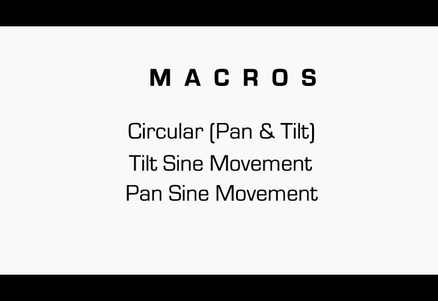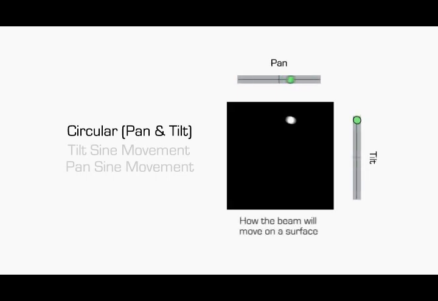There are three kinds of macros: circular, tilt sine, and pan sine. Let's see how a macro affects a fixture's movement. Here you see a fixture with a circular macro applied. Macros are designed to be customized. There are two variables that can be adjusted by you. The first, as shown here, is the amplitude. It adjusts the size of the movement. The other one is the speed.